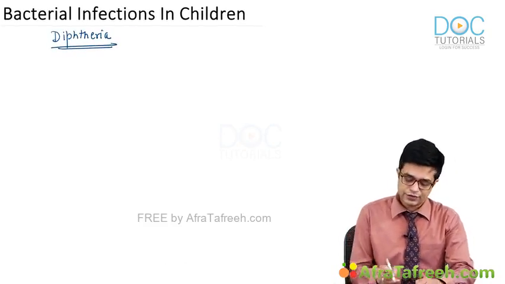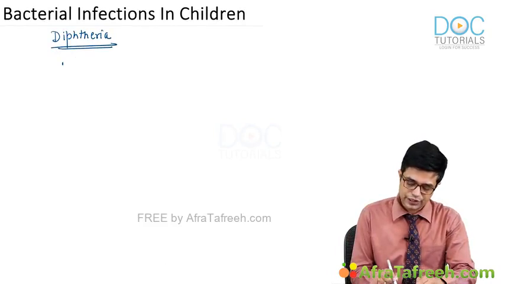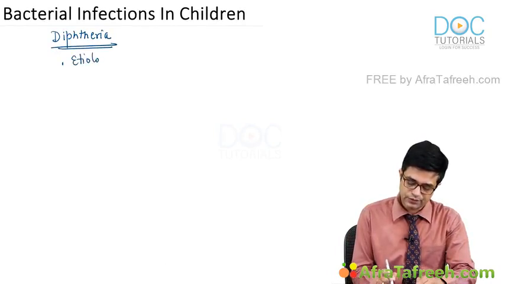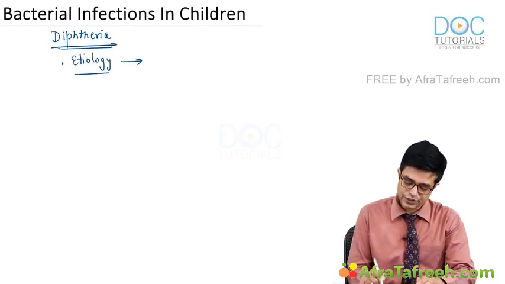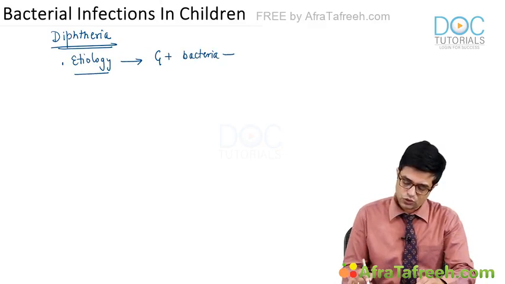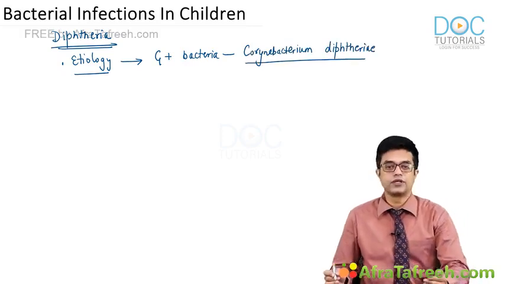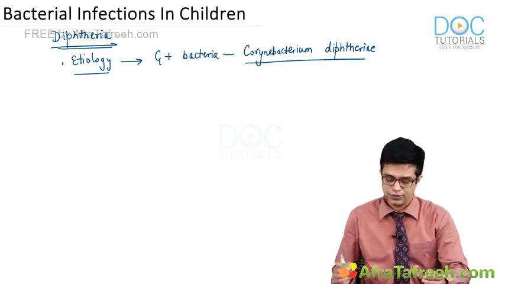Diphtheria, as you already know, the causative agent or etiological agent is a gram-positive organism called Corynebacterium diphtheriae. So first of all, what is the etiological agent? It is a gram-positive bacillus known as Corynebacterium diphtheriae.